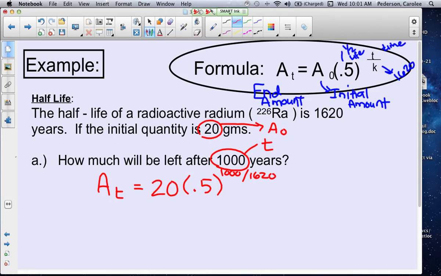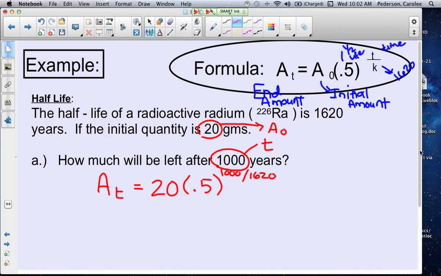Let's roughly guess. If we were at exactly half of 1620, how many years is that? Half of that is 810 years. So if we were at 810 years, how much should we have in radium? About 10. So our answer should be more than 10, but probably less than 15, somewhere between 10 and 15 grams.